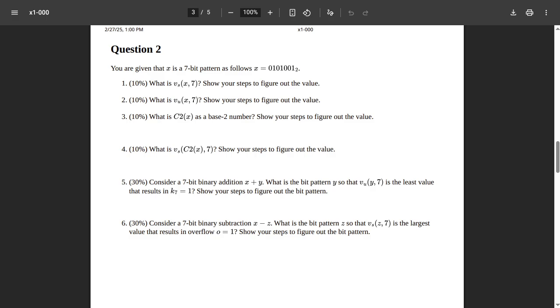You don't do that in your head, okay? When you write down the answer, you have to tell me how you got to the answer. The simplest way to do it is simply to say it is 1 plus 8 plus 32 equals 41. That would be acceptable to get full credit for part one.